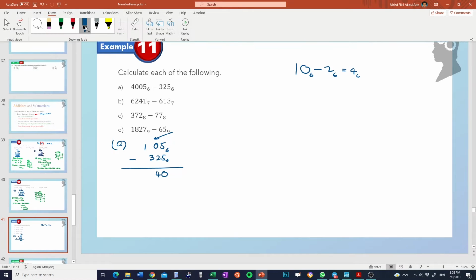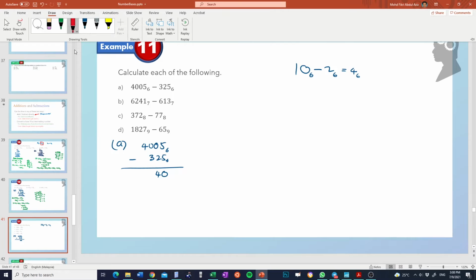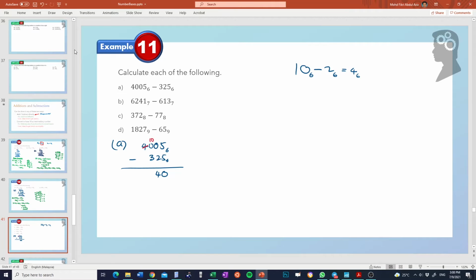Let me rewrite. Dia tak cukup nilai. Tadi 0 kat sini tadi. Dia kena pinjam daripada sebelah. Dia kena pinjam dari 4. Dia jadi 10 kat sini. 10 bila dipinjam ke sana 1, dia jadi 5. Okay. 10 base 6 minus 1 base 6 is basically 5 base 6.